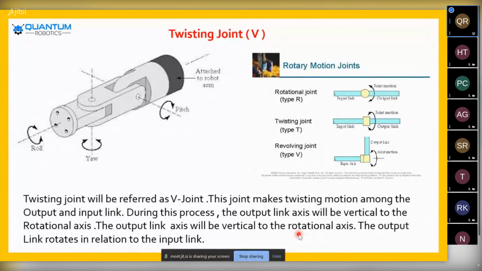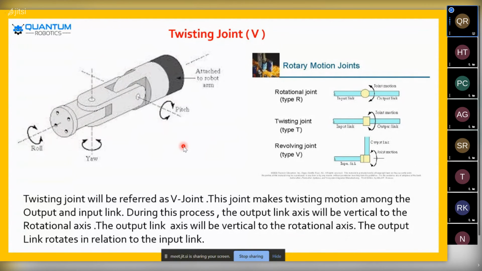The twisting joint can be attached to the robot arm, and all the links and joints are going to be there. If you want to connect it to the robot, we have an option to connect it by screw fitting, or rivet fitting, or something else. After fixing it to the robot, whatever the axis of the robot gives, and whatever the rotating motions of the robot, it is going to move according to that.